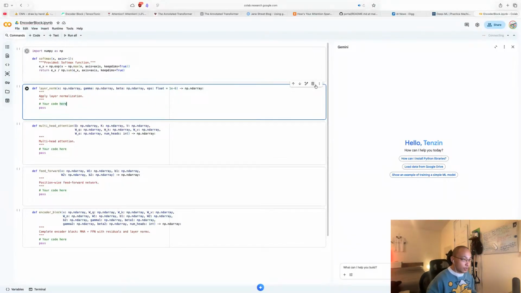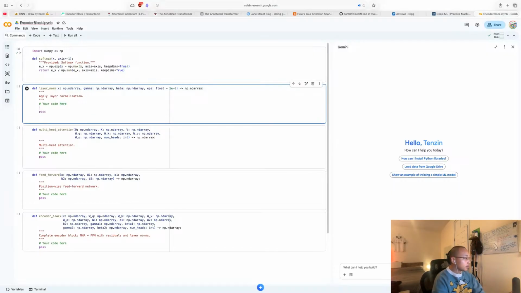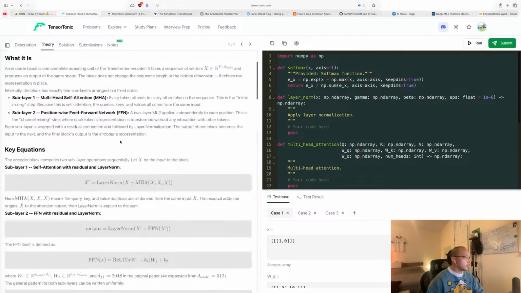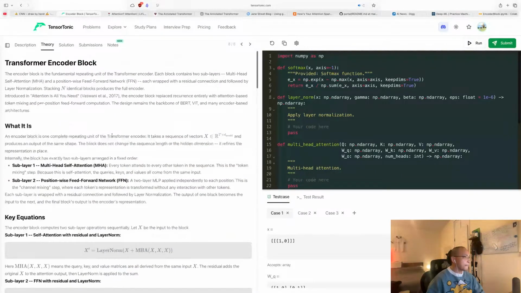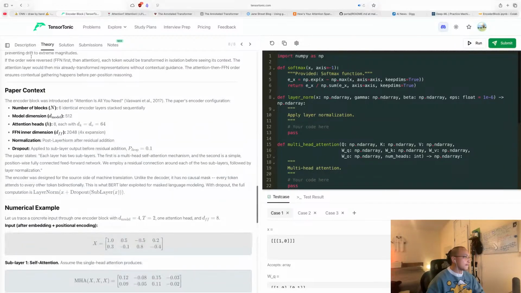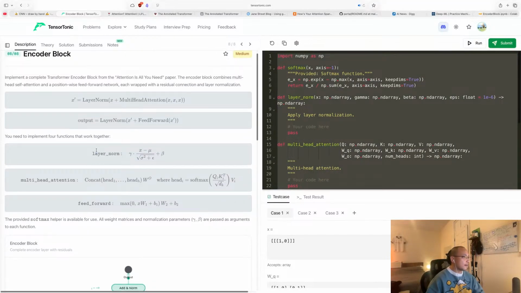All right, let me try to remember the formula of the layer norm.